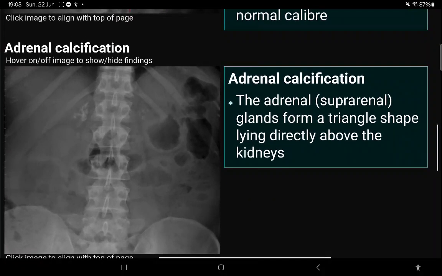Adrenal calcification: the adrenal or suprarenal glands form a triangular shape lying directly above the kidneys. Over here we can see, on either side of the spine, a triangular shape of calcification drawing the adrenal shape.